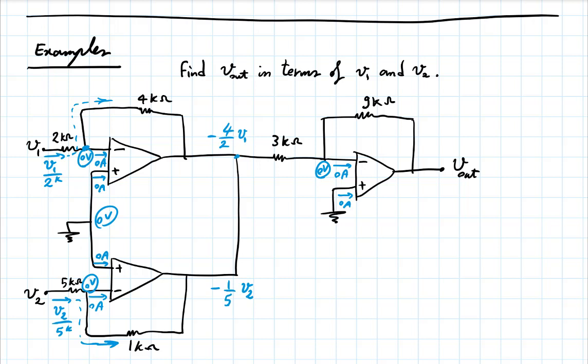Between the 2 points you just calculated. The inputs? Well, like 4 over 2 V1 and 1 over 5 V2. What about those values? So here I have a suggestion. The difference between minus 4 over 2 V1 and minus 1 over 5 V2 is going to be the input to the next stage.